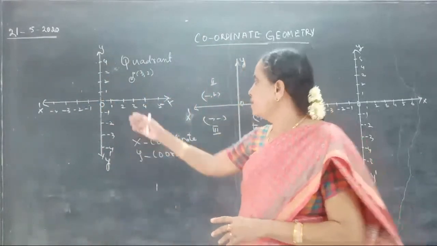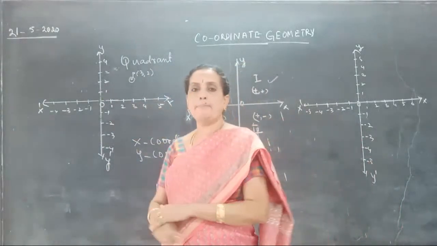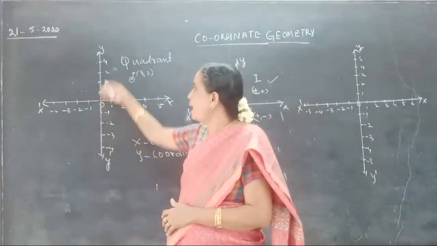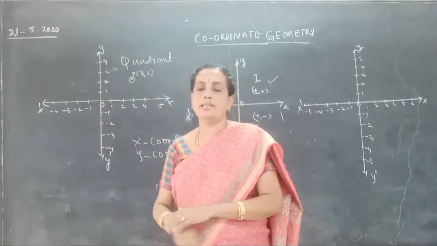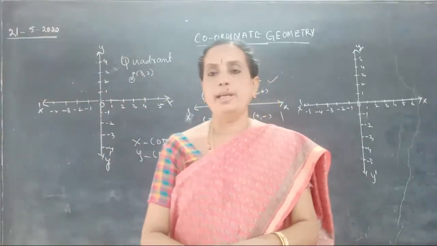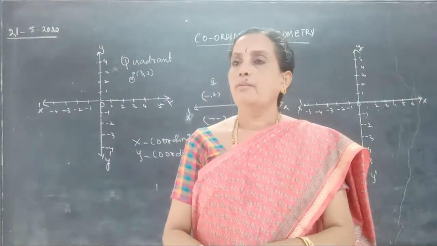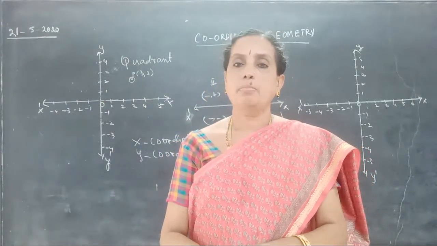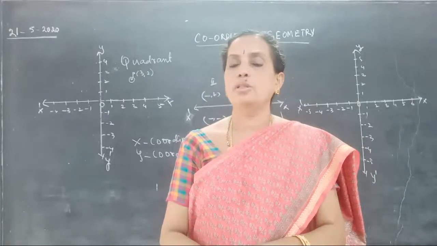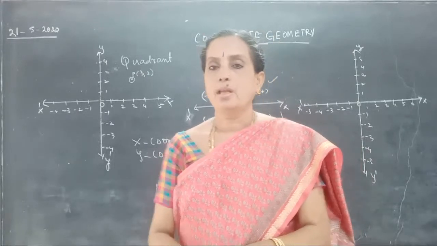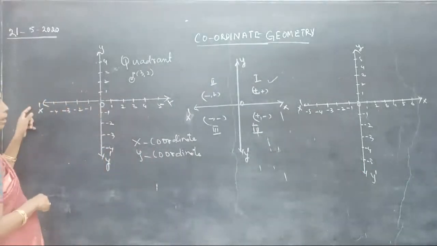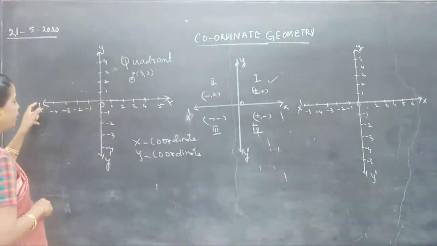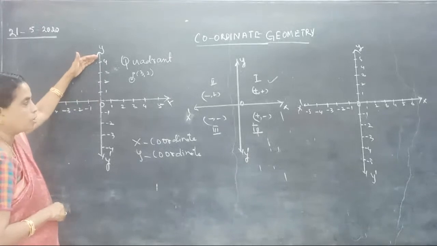The x coordinate is also called abscissa, the y coordinate ordinate. The first quadrant consists of plus plus, positive positive signs. Coming to the second, left of the y-axis it is negative, top is positive.